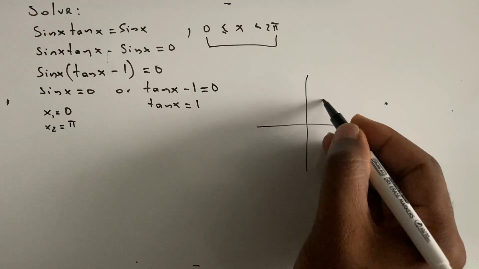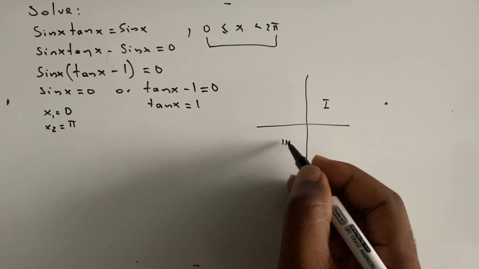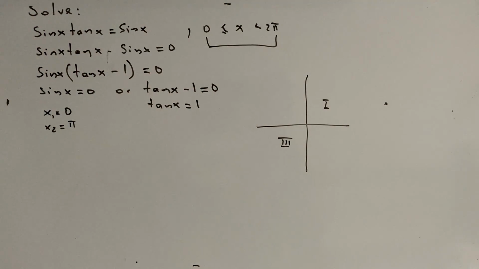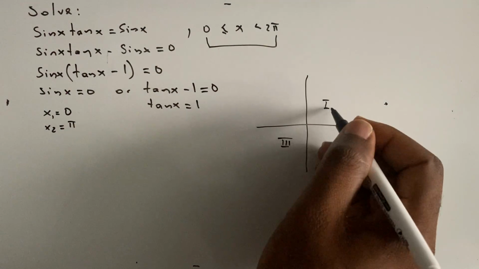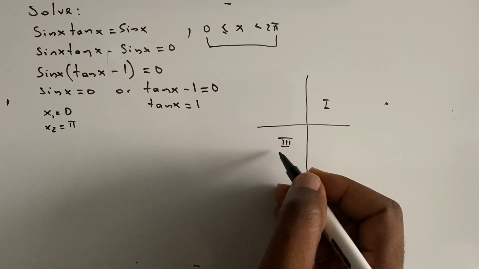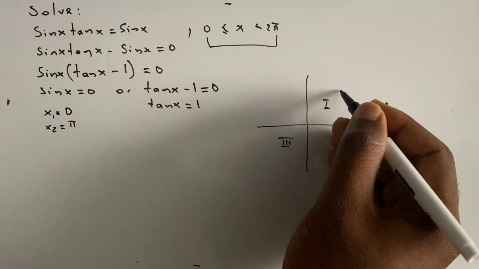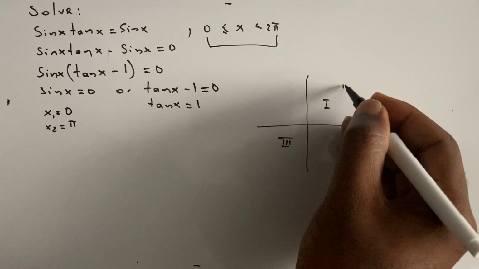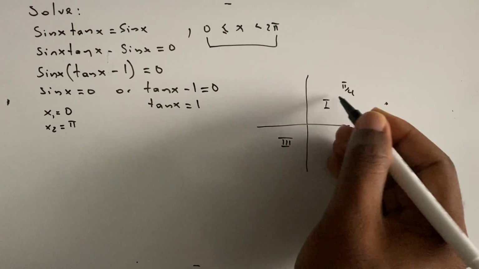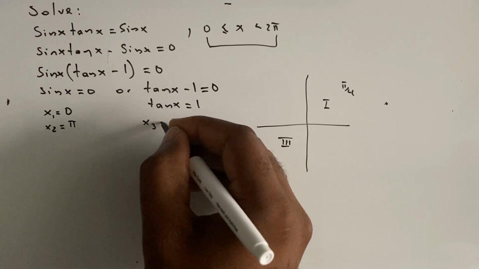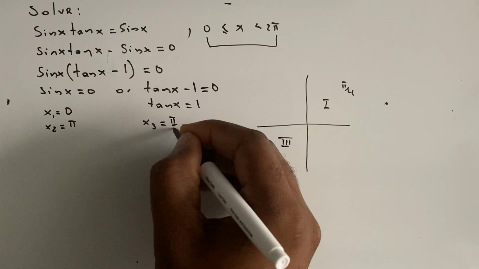This is where tangent is positive, the first quadrant and the third quadrant. So now we know the angle here would be pi over 4. Okay, pi over 4, that's where tangent is 1. So I'll put x3 equals pi over 4.